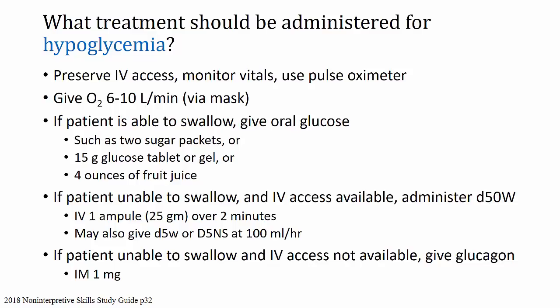If the patient is unable to swallow and IV access is available, you can administer D50W at the doses shown. Or you can also give D5W or D5 normal saline at 100 milliliters per hour. If the patient is unable to swallow and IV access is not available, you can give glucagon, 1 milligram IM.